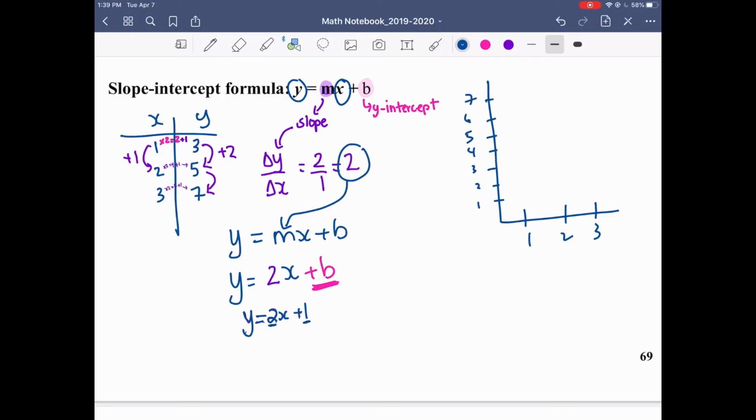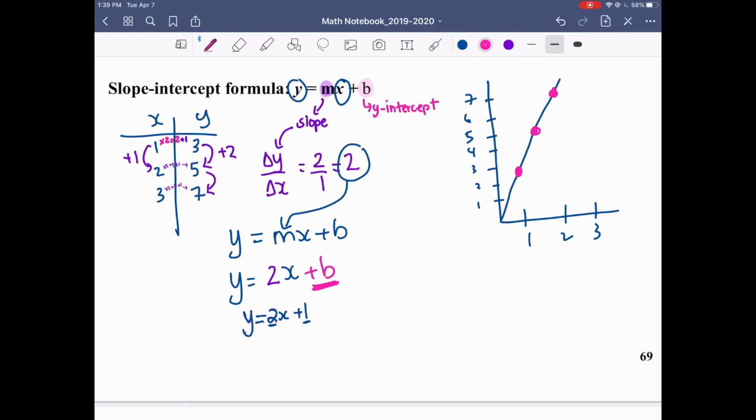And the line doesn't look like that. It looks more like this. So point 1, I have 3 for y, point 2, 5, and point 3, 7.